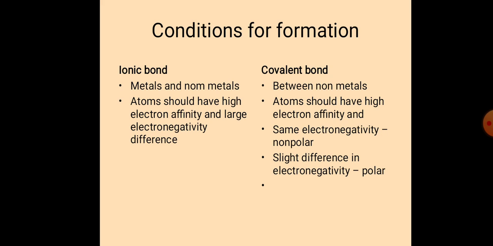So, bonds are formed only when the atoms have the tendency to attain the stable electronic configuration. That is what we call electron affinity in a general case. The atom should not already have a stable configuration. So, only if they have high electron affinity can they form either ionic bond or covalent bond.